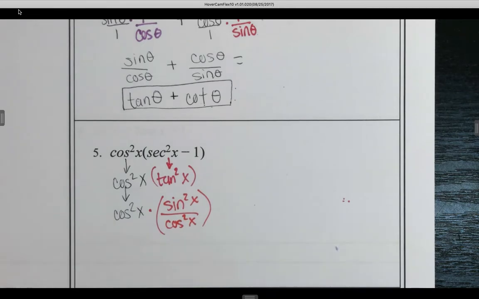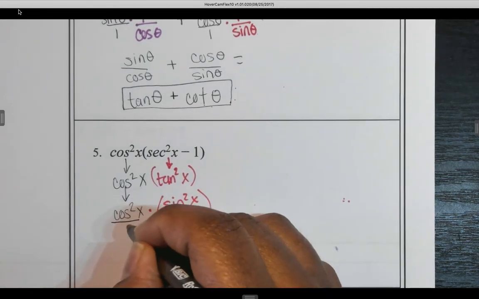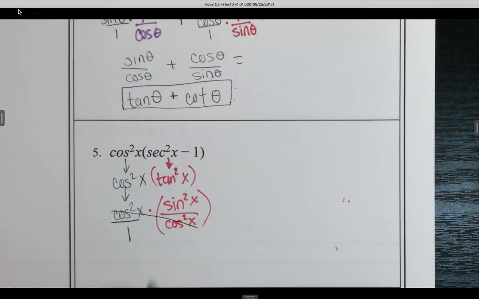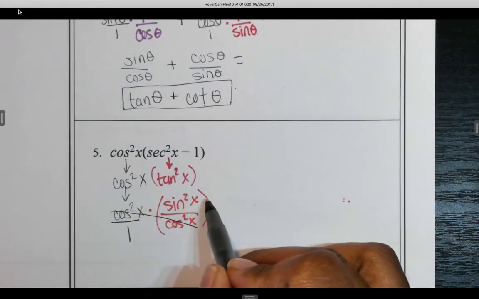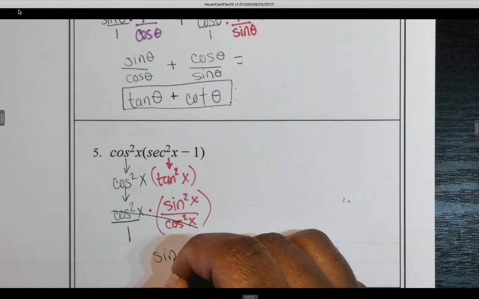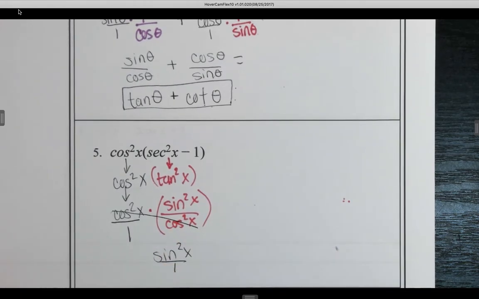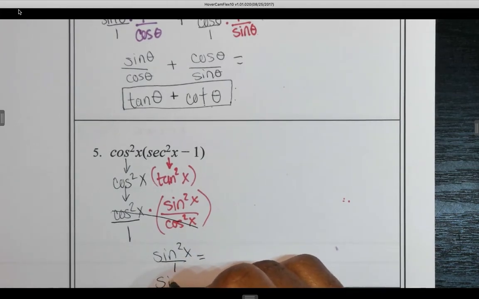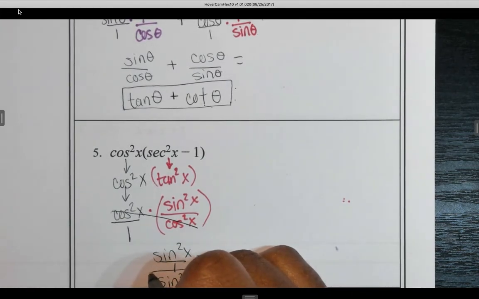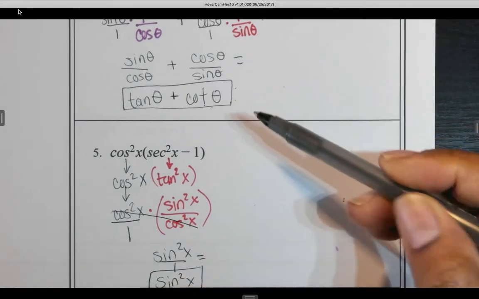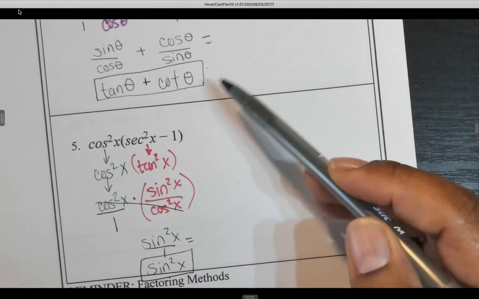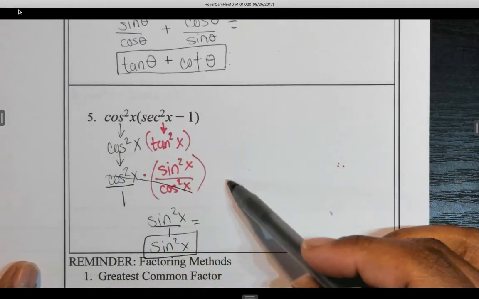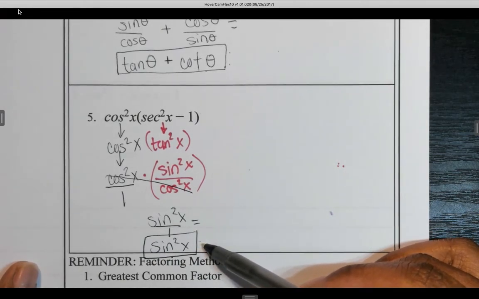All right, and now I can use my algebra skills. This is like cosine over 1. Let's simplify. Cosine squared divided by cosine squared cancels out to 1. And I have sine squared on the numerator, 1 on the denominator, which I don't really need to write. So I can simplify it all the way down to just sine squared x. So this long, complicated expression actually simplifies all the way down to just sine squared x.